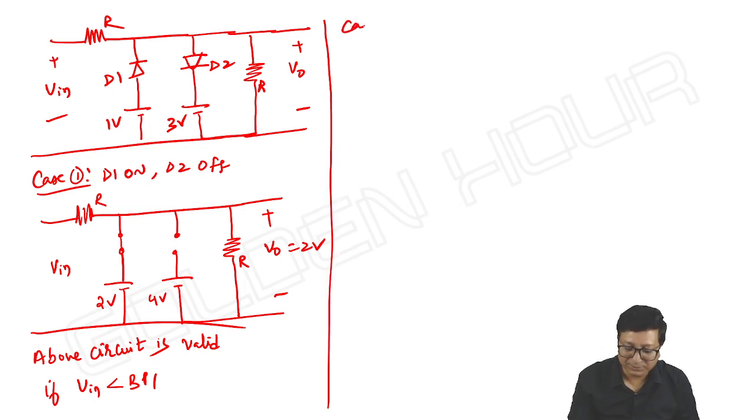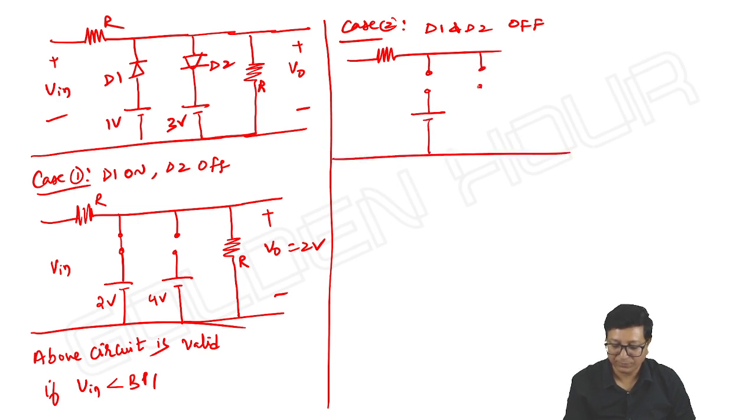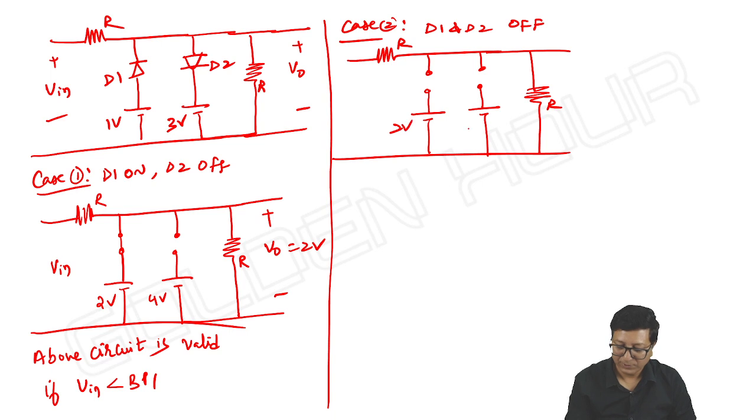Next, case 2. D1 and D2 both are off. Then this is our circuit.